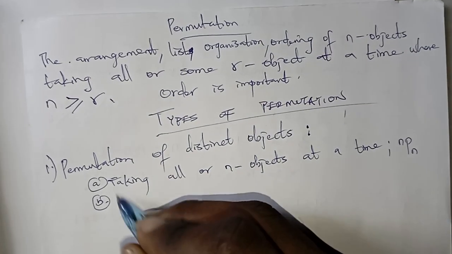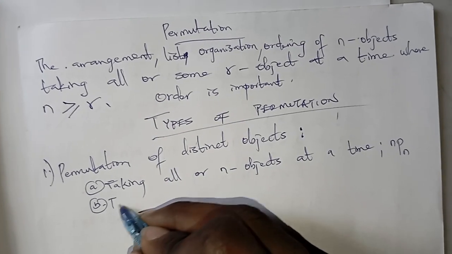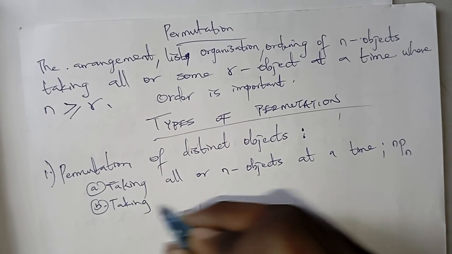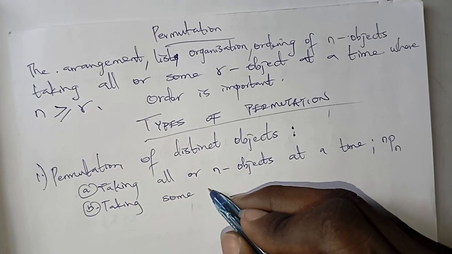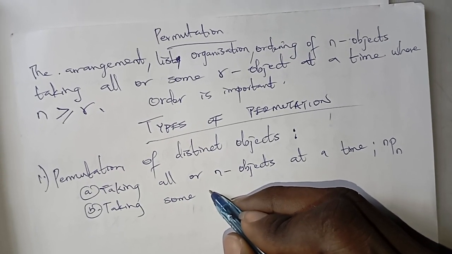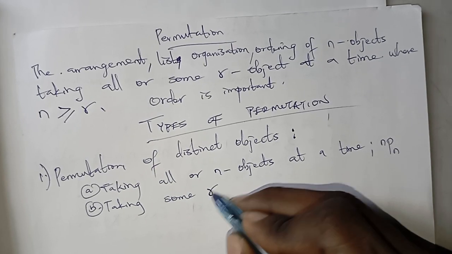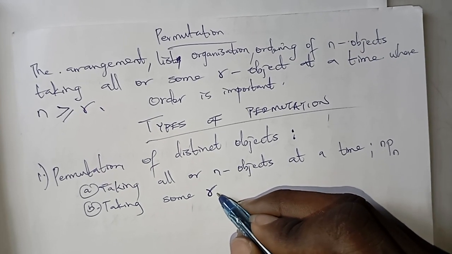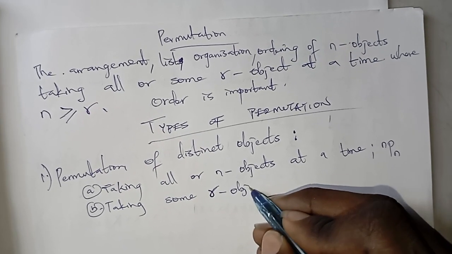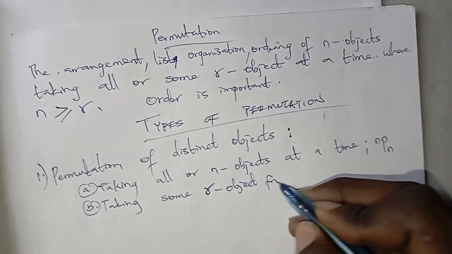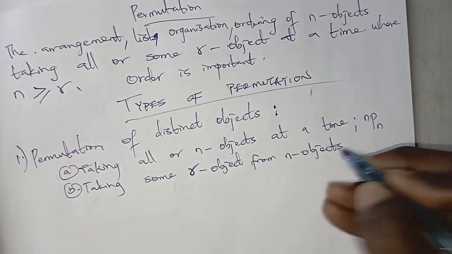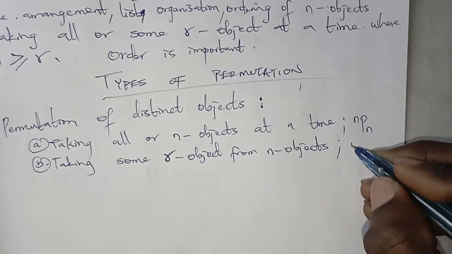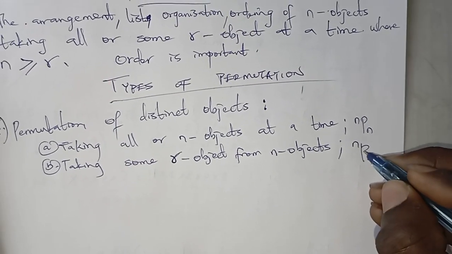And we also have, under this permutation of distinct objects, when we are taking some objects, which is r, some r objects from n objects. So in this one we use n permutation r.